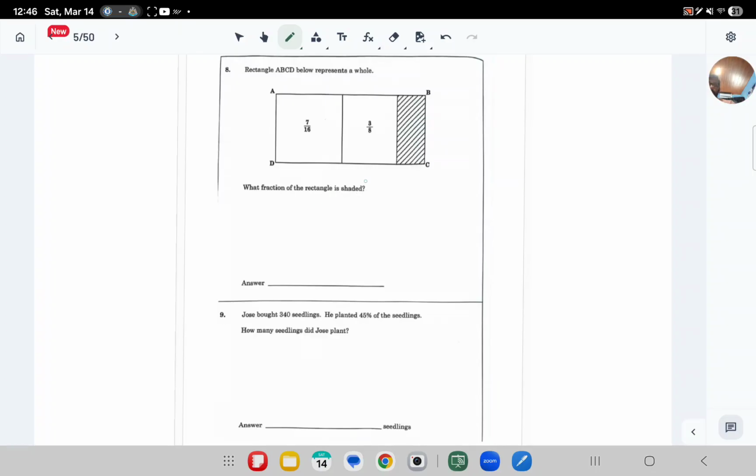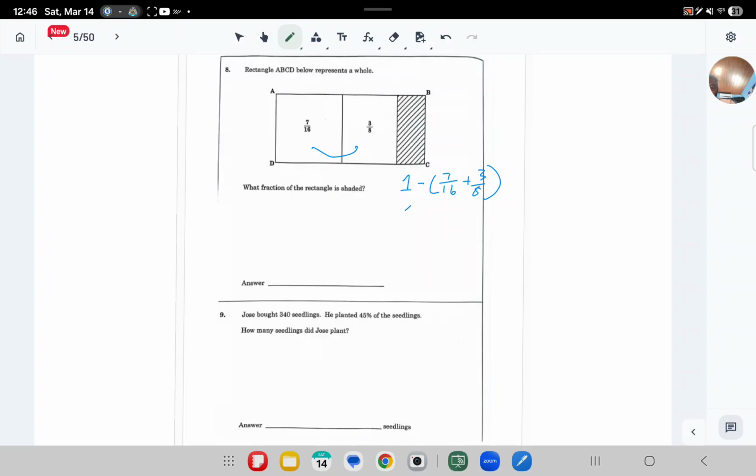So to calculate the fraction that is shaded, we take the sum of the numbers given and take it away from the whole or the total to find the remainder. So 1 take away the sum of the given numbers, which is 7/16 add 3/8.